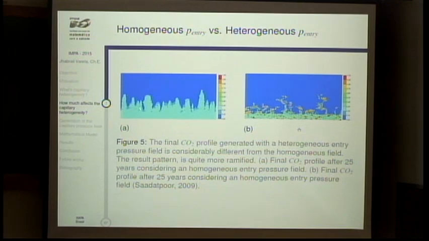As we can see visually, the pattern of the flow is quite different. Figure B is quite more ramified than figure A. And the main consequence of the inclusion of this phenomenon is that it offers a large barrier to the flow of the CO2.